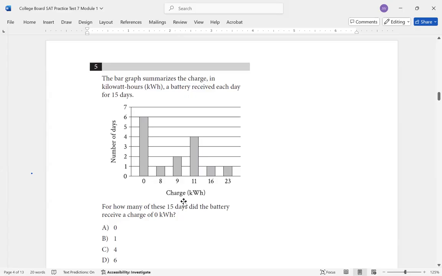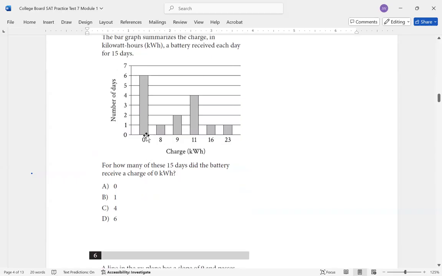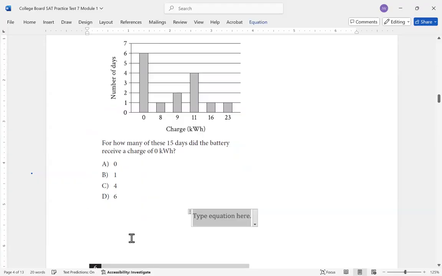So we look at the 0 for the charge in kilowatt hours, and we just look at how tall this bar is. This bar goes up to 6, which means that the number of days which received 0 charge were 6. And that's it. That's the answer to question number 5, D.